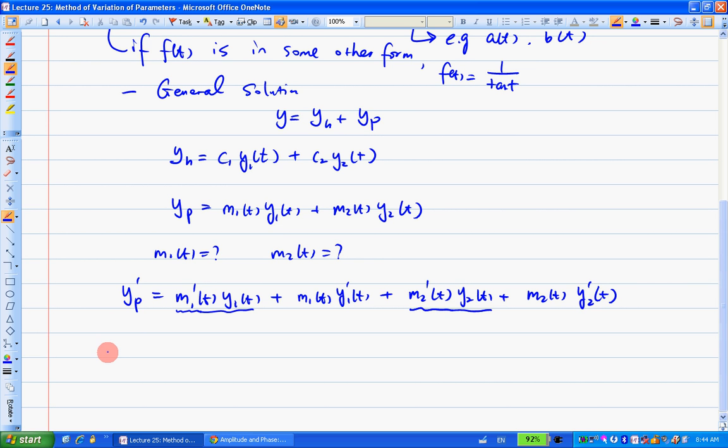So what we're going to do is impose m1 prime of t y1 of t plus m2 prime of t y2 of t to be 0. You might argue, how could you do that? Yes, you can. You're the user, you can impose anything to be 0, because you're looking for m1 and m2.